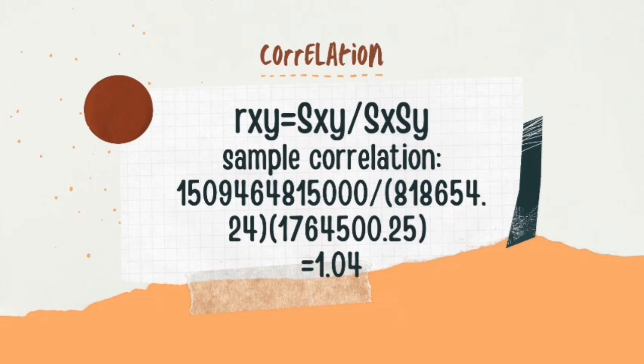Sample correlation is equal to sample covariance divided by the standard deviation for domestic multiplied by the standard deviation for international travel worldwide. After that, we get the answer 1.04.